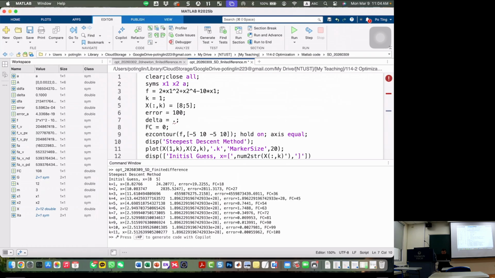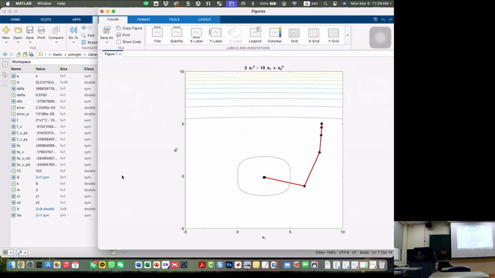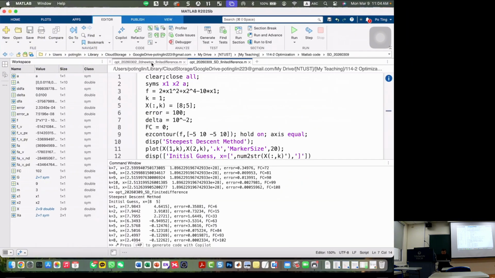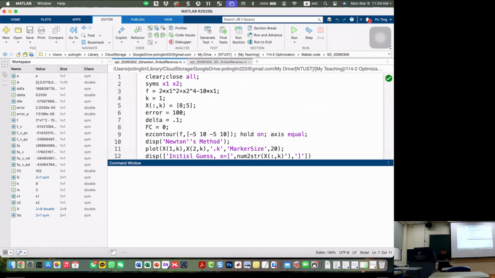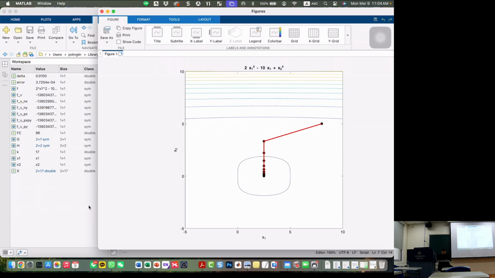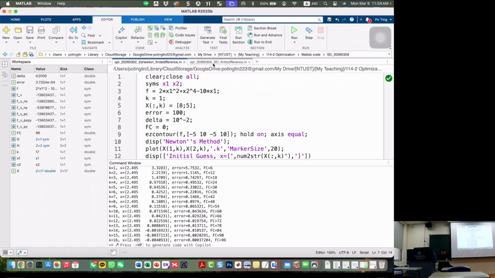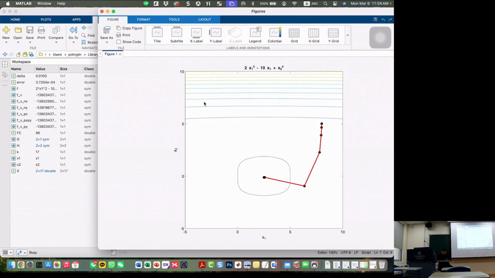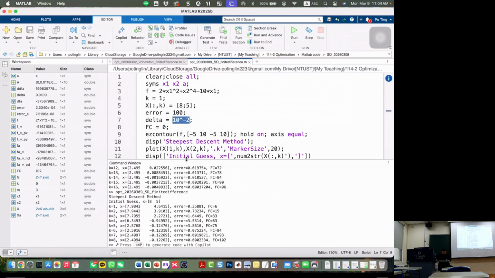So maybe 10 to the power of negative 2. Let's run the Newton. Okay, let's run the steepest descent. Okay, now compare.